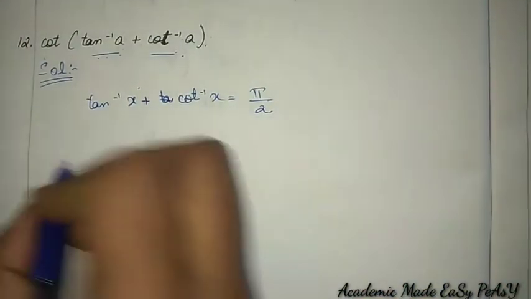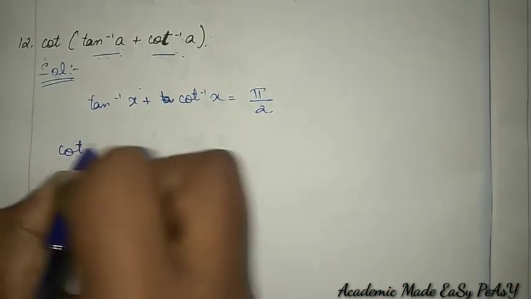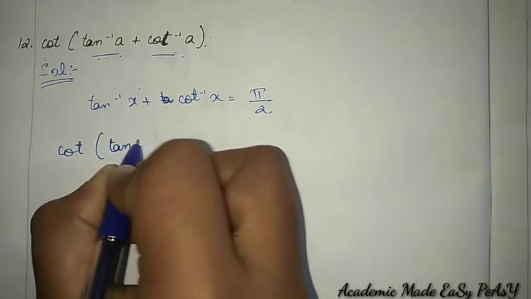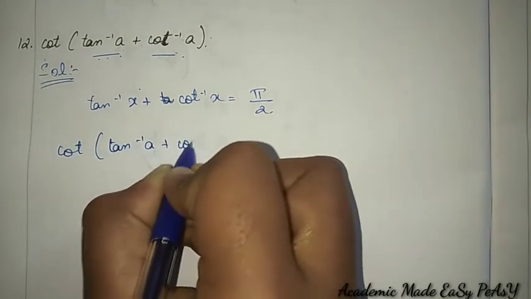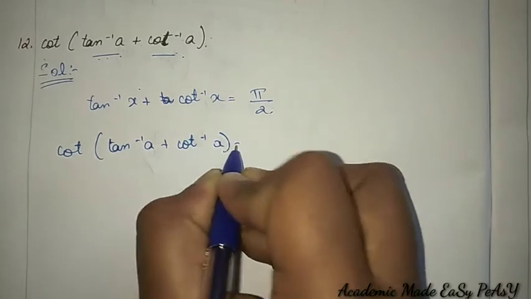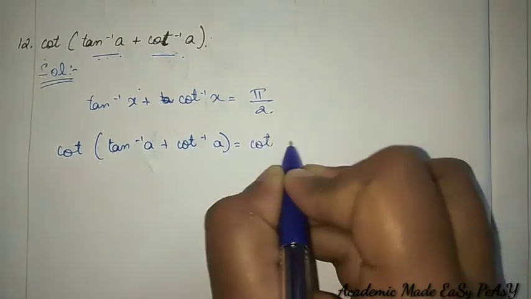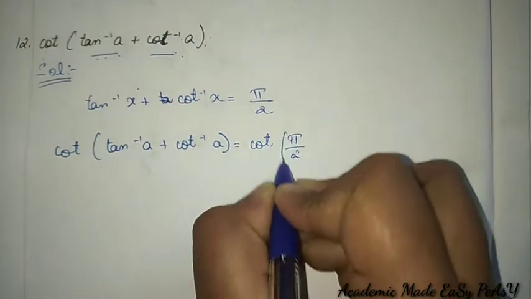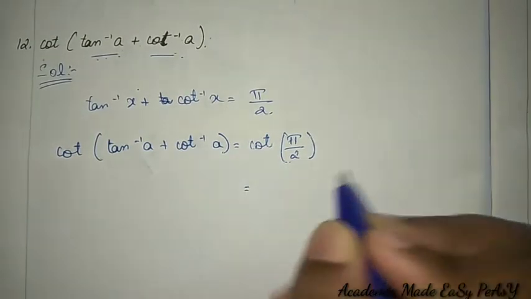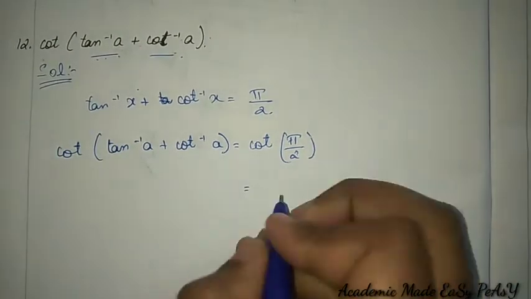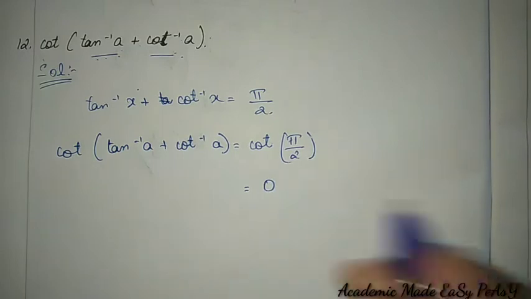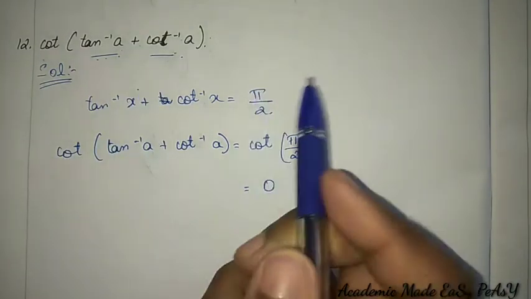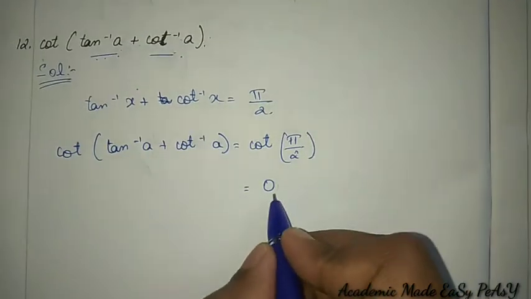So cot of tan inverse A plus cot inverse A is equal to cot pi by 2, and cot pi by 2 is 0. So the value is 0.